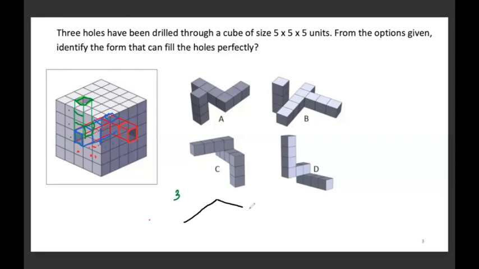So in that L that you see here, this will be the 3 unit structure. And this will be the 4 unit structure.